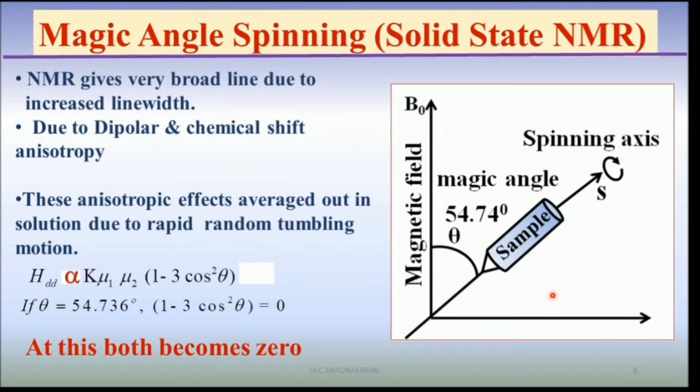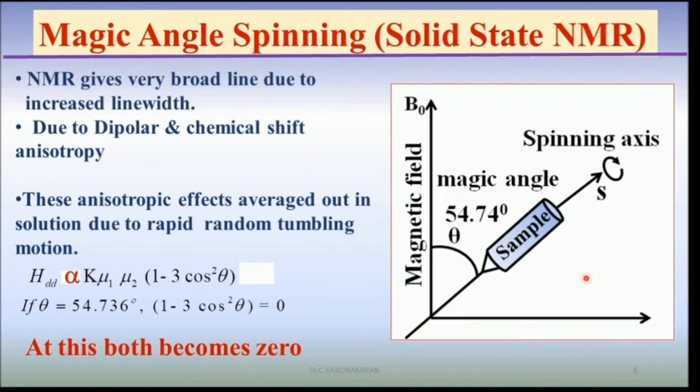These effects are averaged out in solution. When the compound is dissolved in solution, these effects are negligible due to rapid tumbling motion. However, in solid state, these effects are very significant.